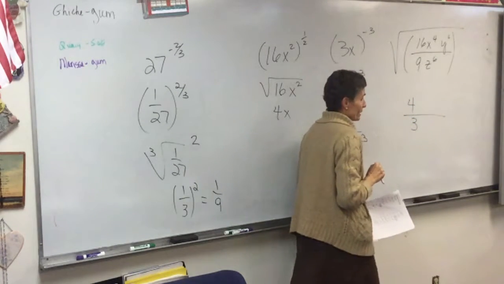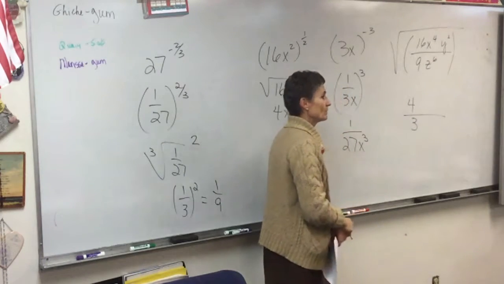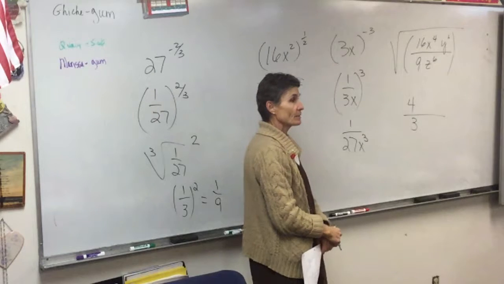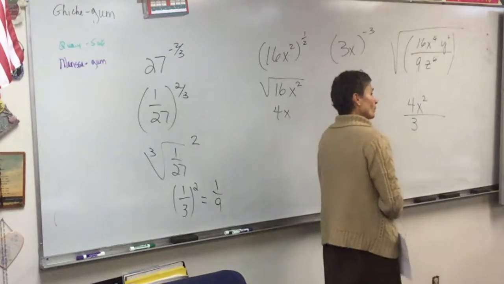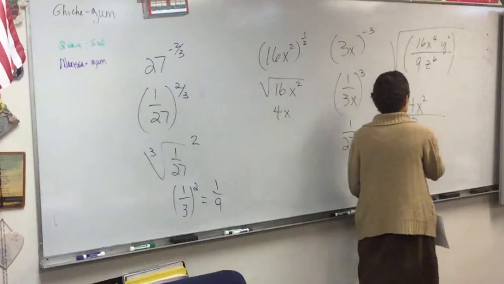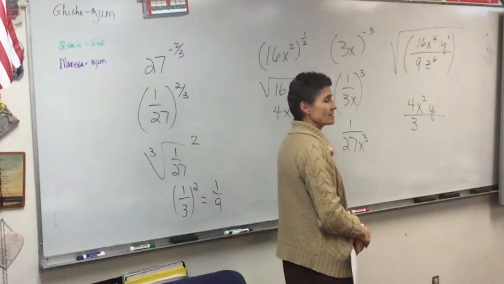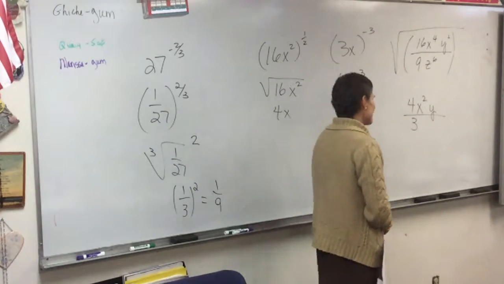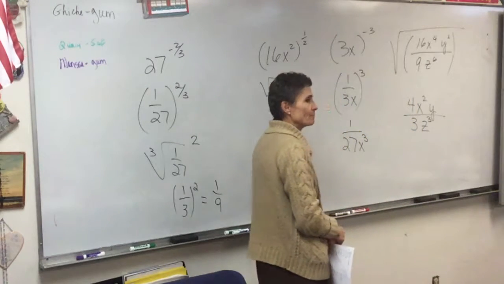All right, now here we go with the letters. What's the square root of x to the 4th? x squared. What's the square root of y squared? y. What's the square root of z to the 6th? z cubed. Very good. You guys are awesome.